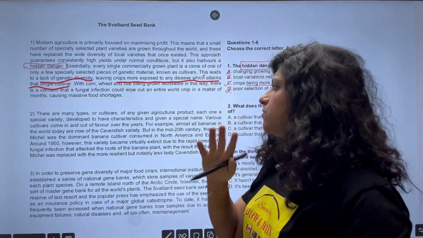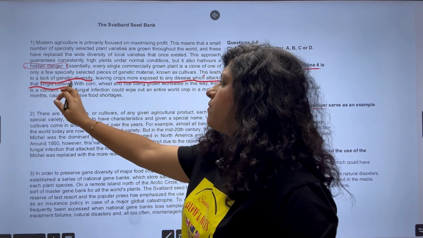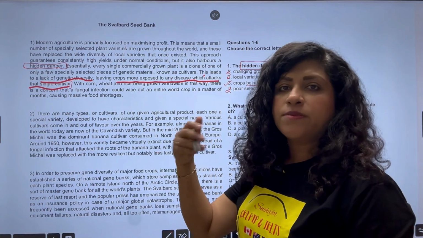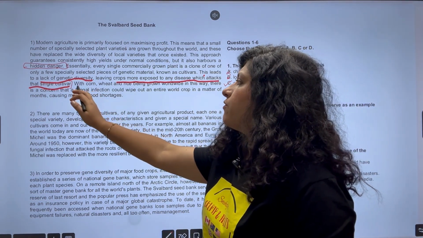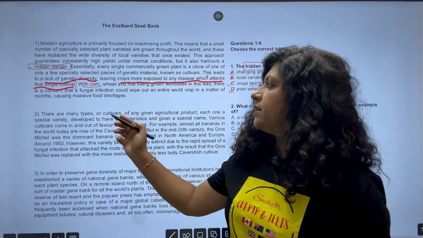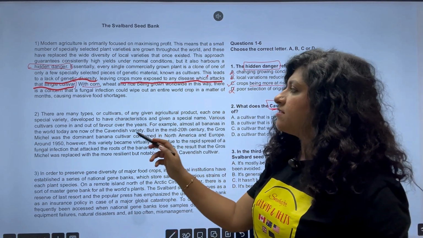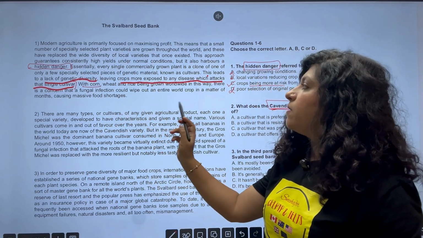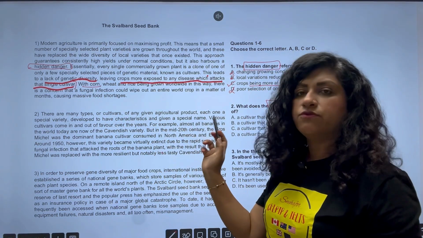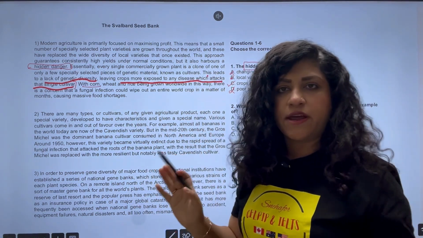So I am going to read from the next line. It says, with corn, wheat and rice being grown worldwide in this way, there is a concern that a fungal infection could wipe out an entire world crop in a matter of months, causing massive food shortages. There is nothing related to Cavendish banana so far.